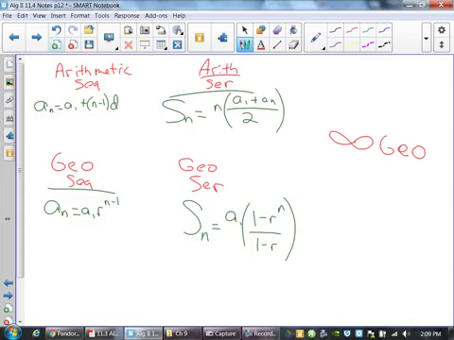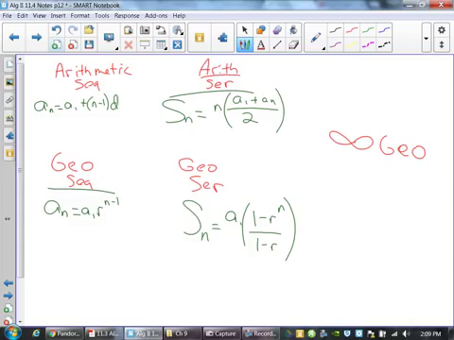And the reason why the geometric infinite series looks the way it does is that as n is growing larger and larger and larger, remember, your rate itself has an absolute value less than 1.